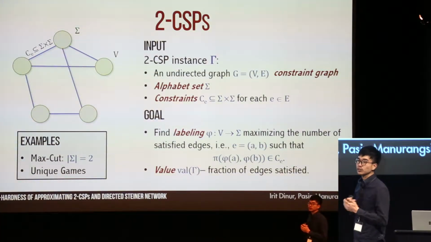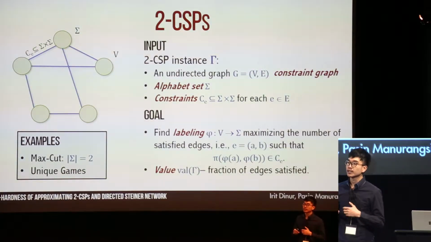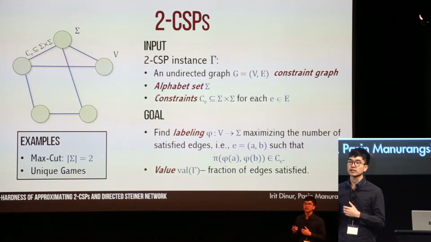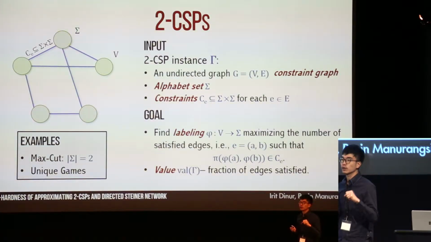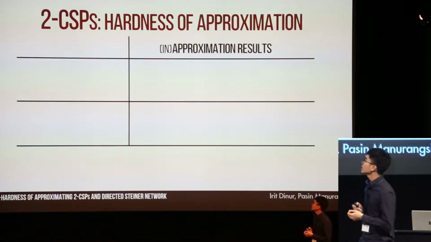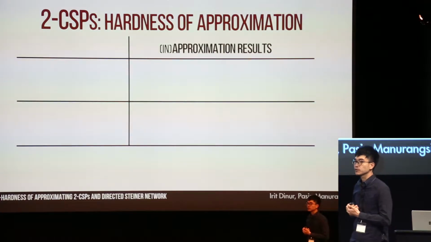Unique games are also a special case of 2CSP, where the constraints are of unique type, or one-to-one constraints, where if we assign a value on one end, then it fixes the value on the other end. So let's see what we know about approximability or inapproximability of 2CSP.